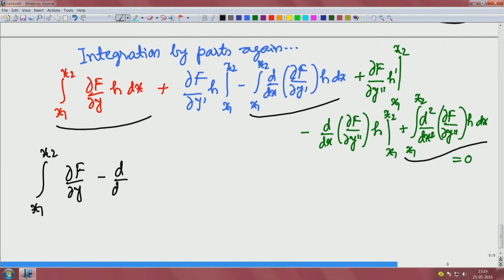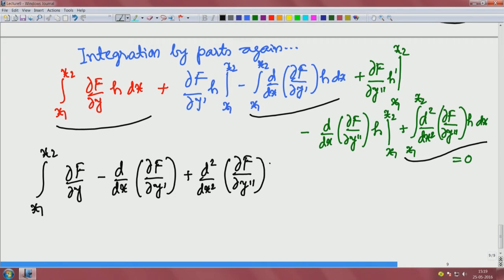So, minus d by dx of dou f by dou y prime plus d square by dx square of dou f by dou y double prime, all of this times h. Okay, that is what we get, the integral part.